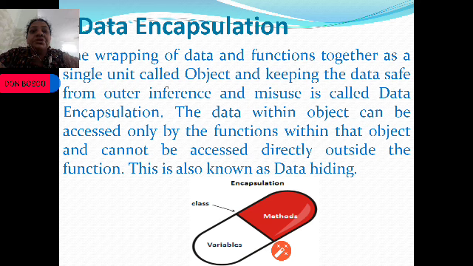Data encapsulation is also called data hiding, because object A's data can be accessed only by the functions of object A. Object B cannot access the data of object A. Data encapsulation means we are binding or wrapping the data and the functions as one unit, and we are also keeping the data safe from outer interference and misuse. We are making sure that the data is not misused.